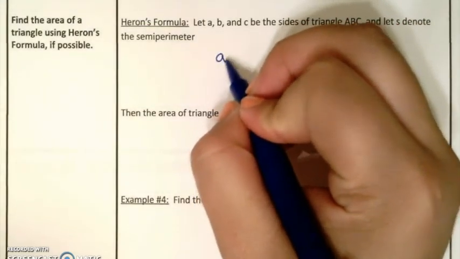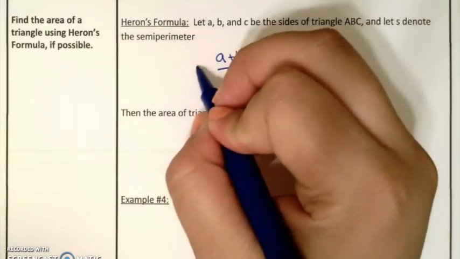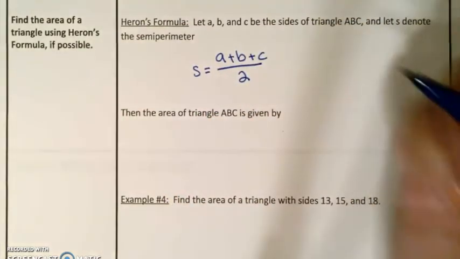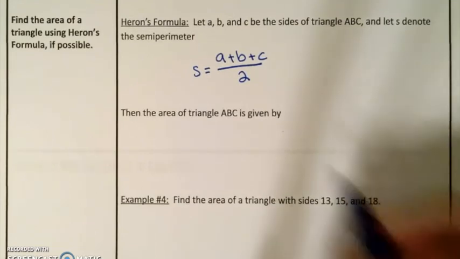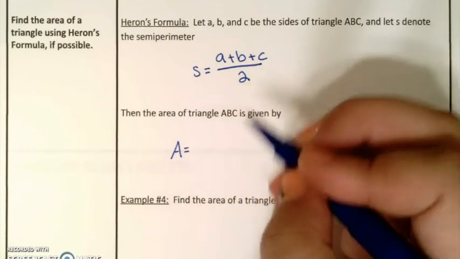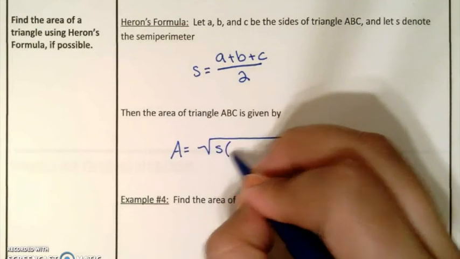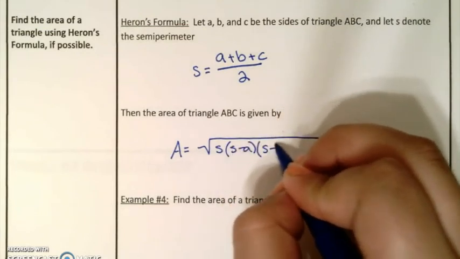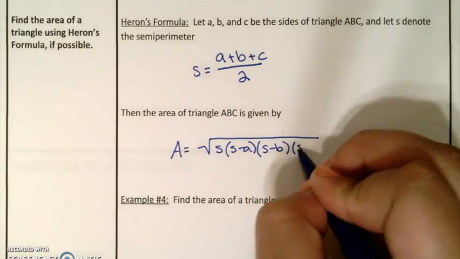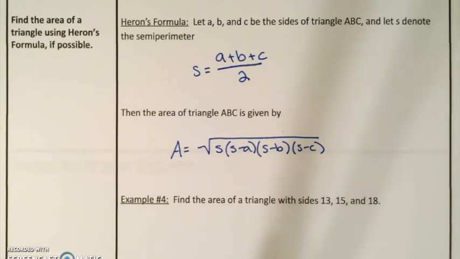Semi-perimeter is the sum of the sides divided by 2, so it's half of the perimeter, and we call that S. Then the area of triangle ABC is given by area equals the square root of S times S minus A times S minus B times the quantity of S minus C. So this is another way to find area of a triangle.